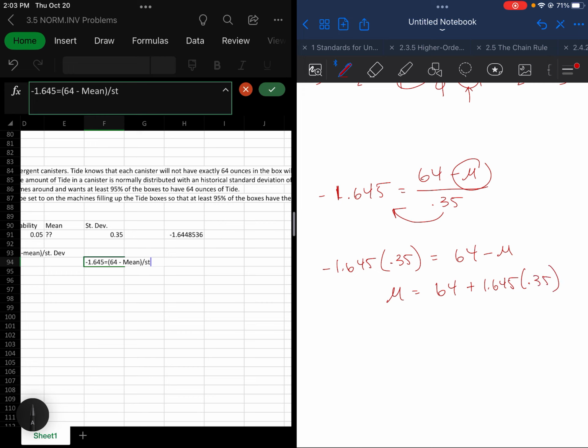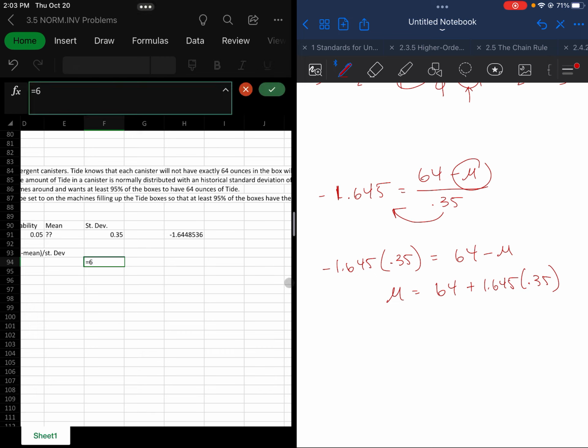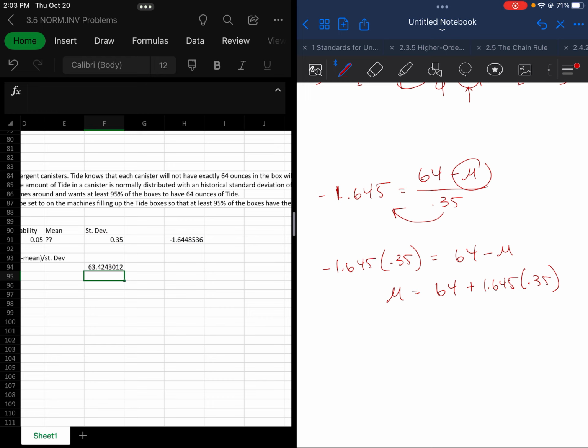Now that's something I can do over here in this formula, because this is a giant calculator, no need to go elsewhere to do a calculation. So we're going to do 64 plus this value times this value, and that's going to give me 63.424.